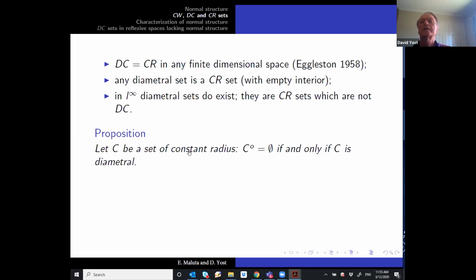So if a set has constant radius, its interior is empty if and only if it's a diametral set. So this is a new relationship. The question of whether the set has empty interior and whether the set is diametral, these are equivalent for sets of constant radius from the boundary.